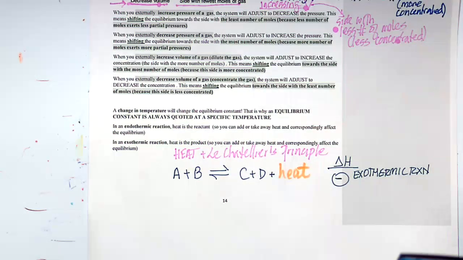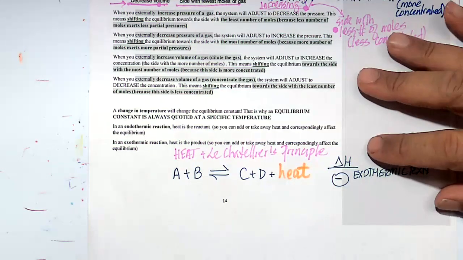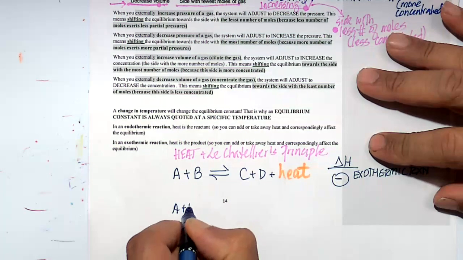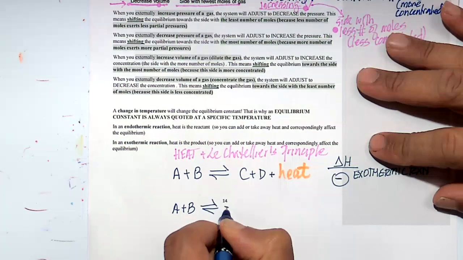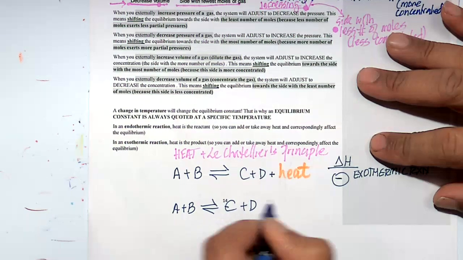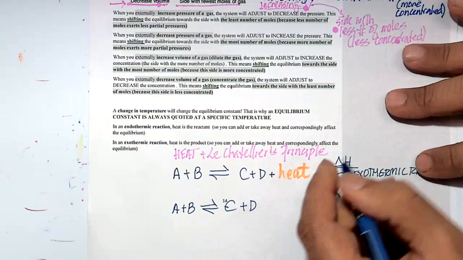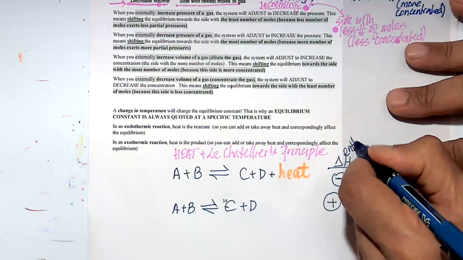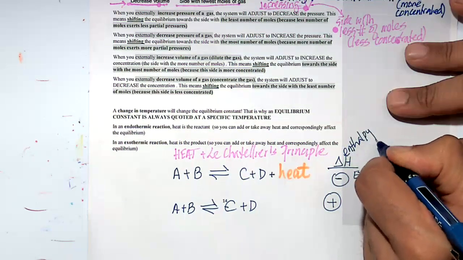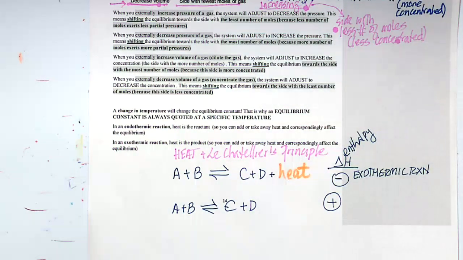The opposite of this is an endothermic reaction, which requires heat. So let me write the same thing here. My delta H, let's remember, is called enthalpy, more specifically, change in enthalpy.